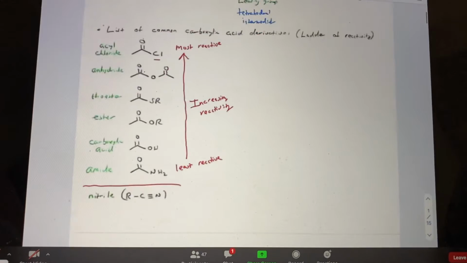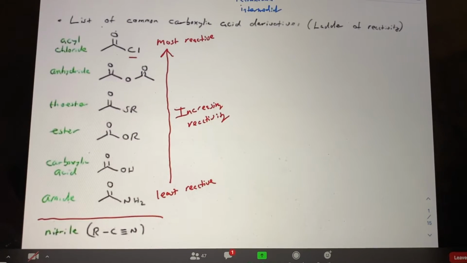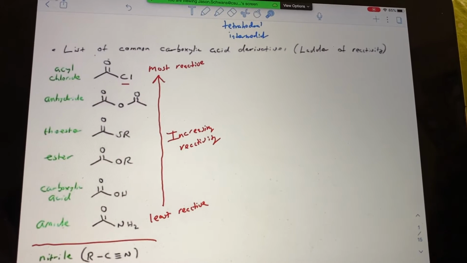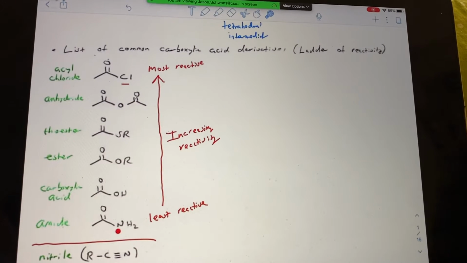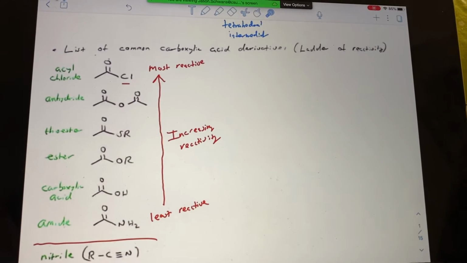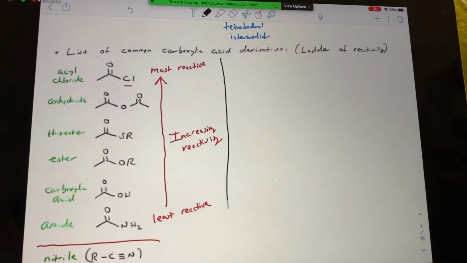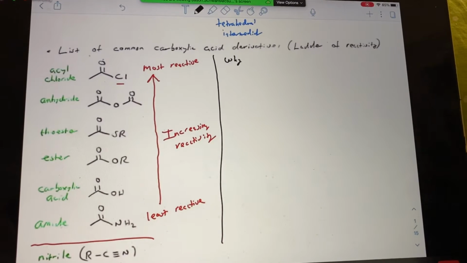So now what I'd like to do, and I left this space here on the side, is think about what the difference in reactivity of these species is. So why is the acyl chloride so much more reactive than the amide? Let's look at the two structures on the ends of the ladder. Let's put it over here and see if we have room. So why is there a difference?